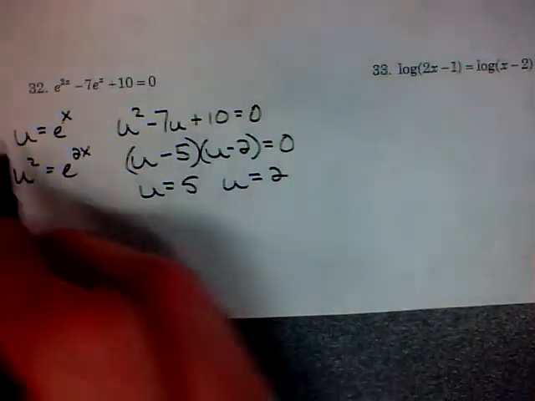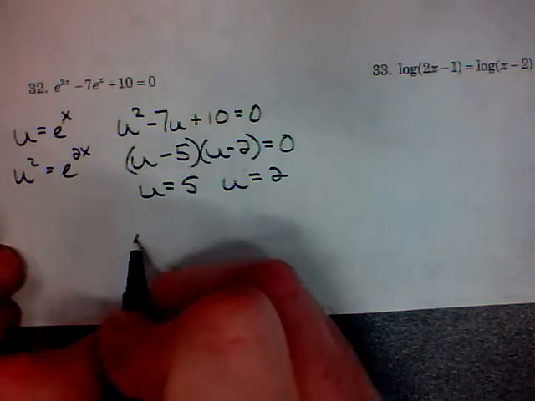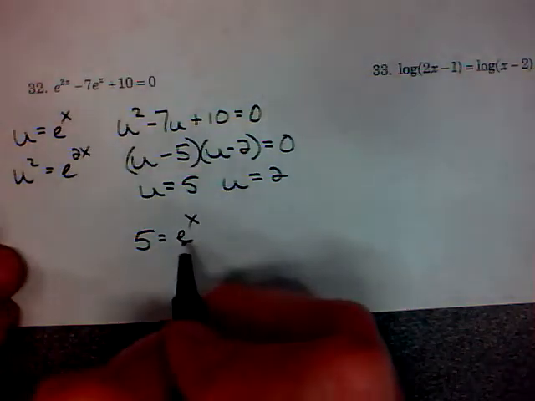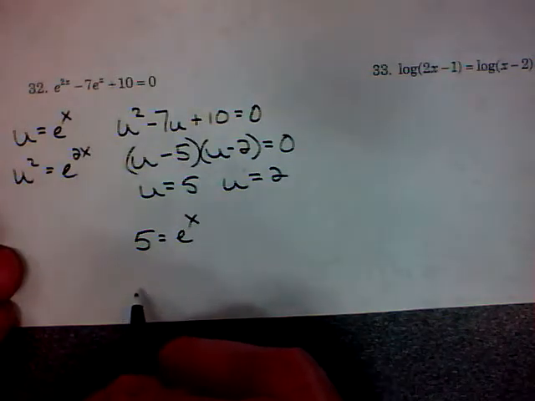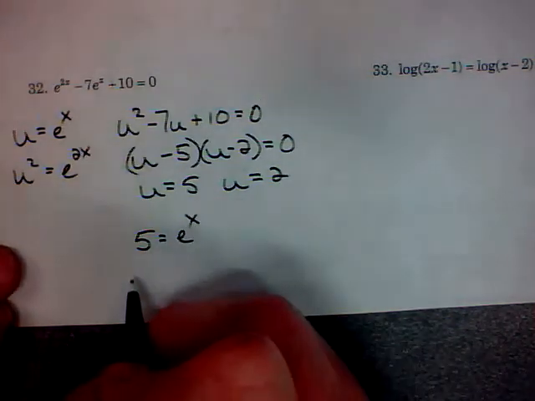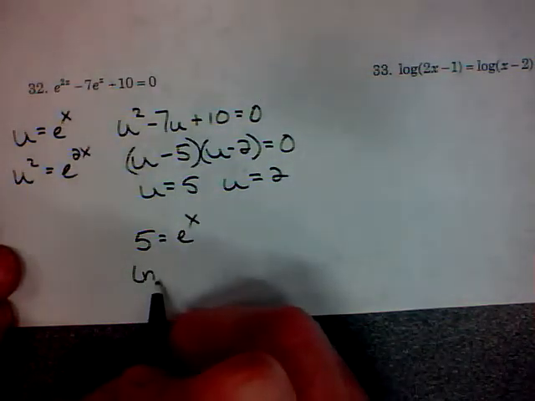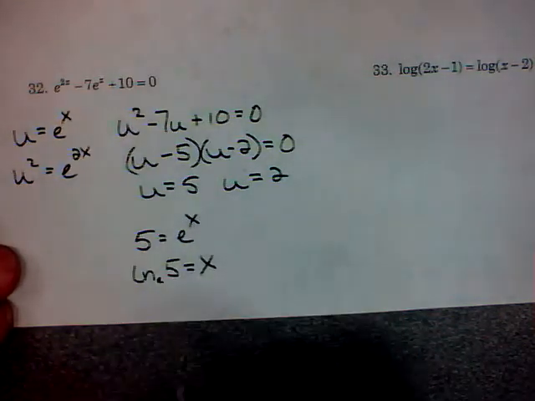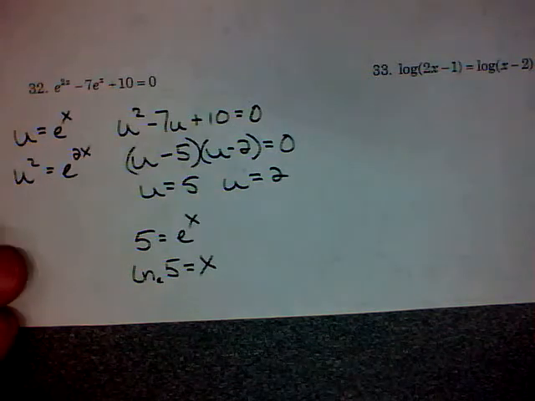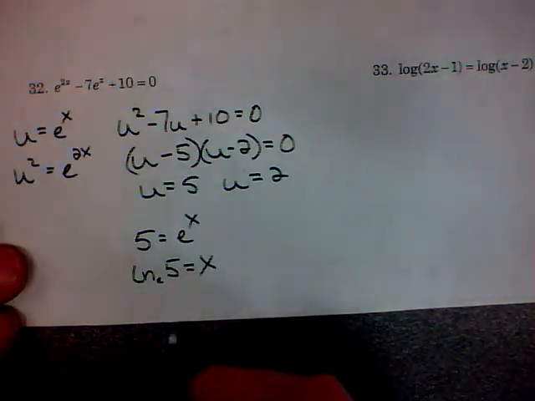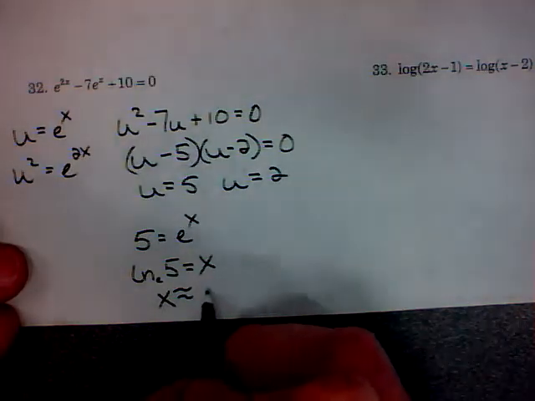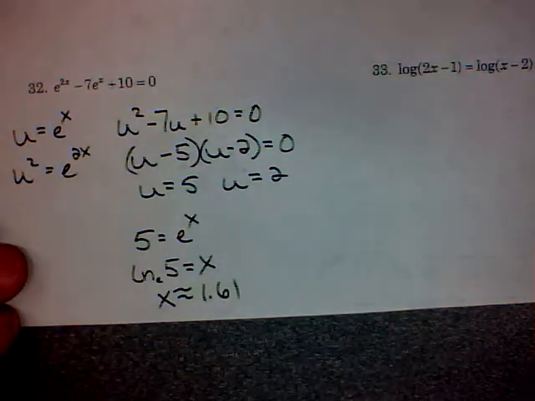Then we weren't looking for u, we were looking for x. So 5 equals e to the x. So then we switch forms because we don't know what the power is. So this is natural log, your base is e, your answer is 5, equals x. So that's natural log of 5, which is approximately 1.61.